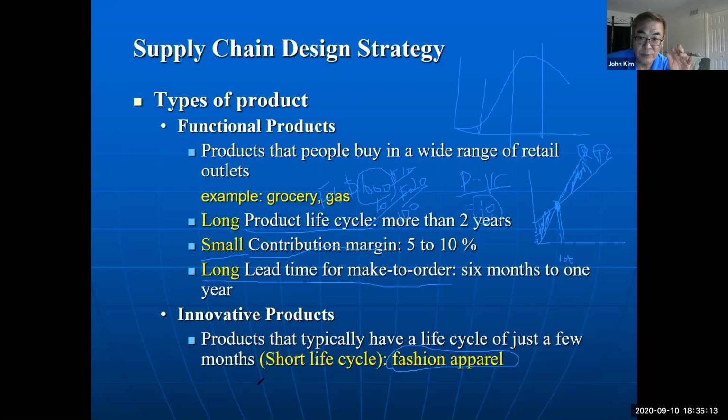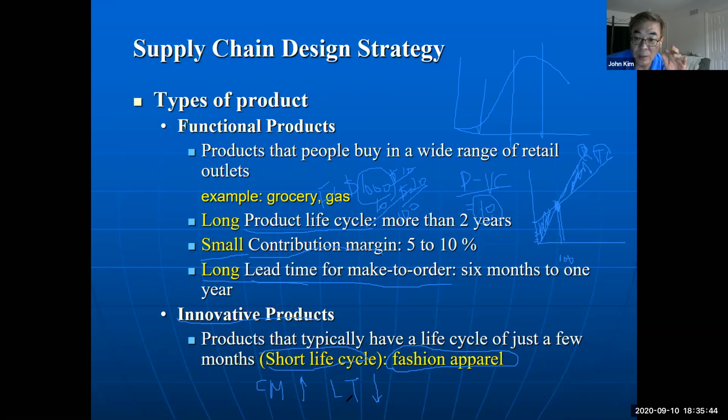And lead time for innovative products should be short because the life cycle is short.